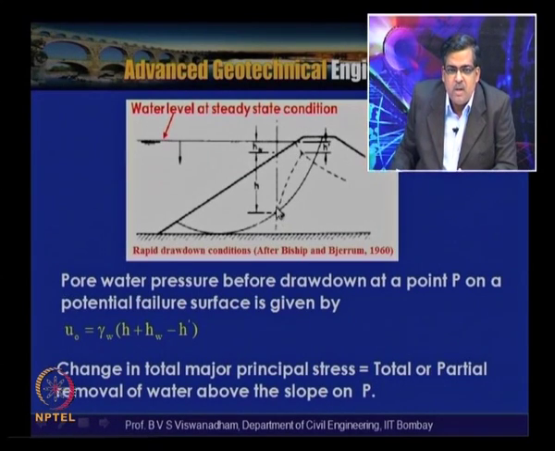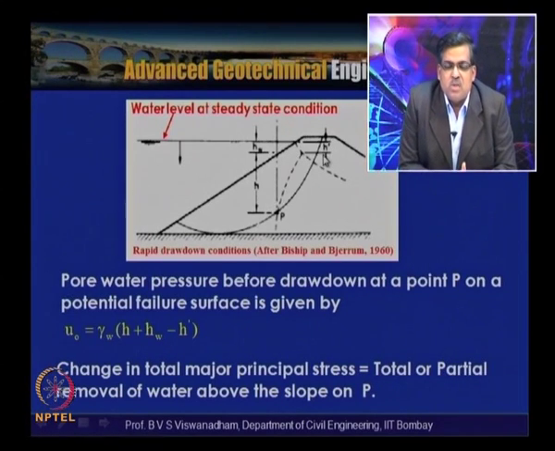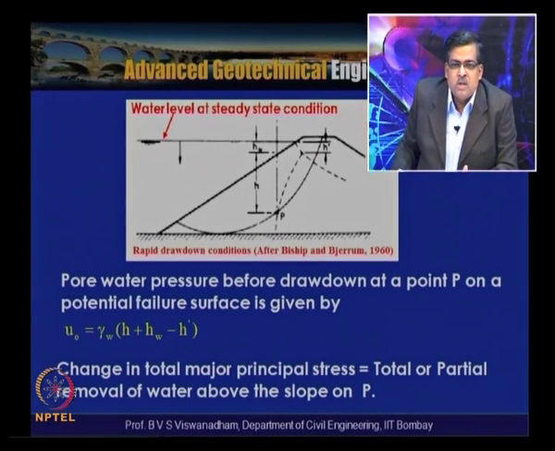At point P on a potential failure surface, the pore water pressure before drawdown is U naught, equal to gamma W into H plus HW. Here H dash is the loss of head because of the seepage, which has taken place because of the drawdown from this level to that.